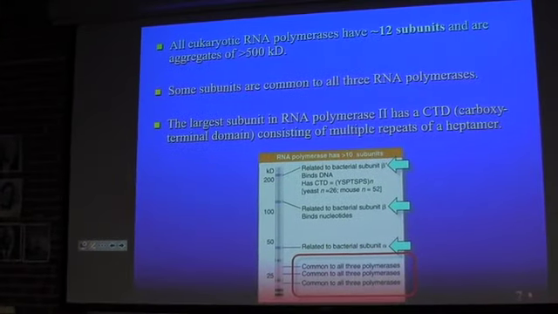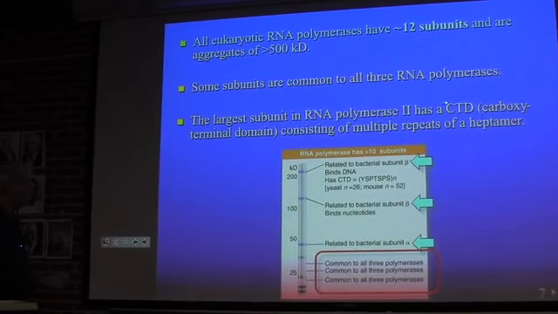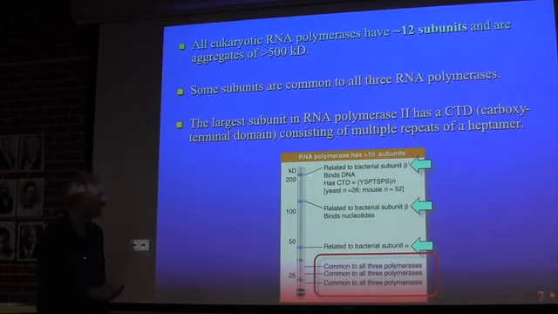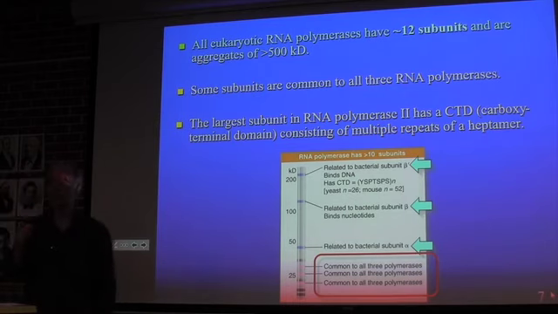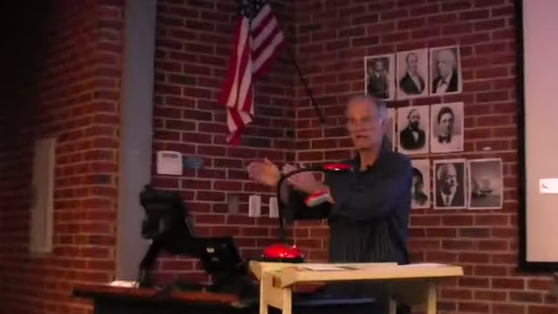Here's a feature of Pol II. We're on Pol II now, looking at subunit structure. The largest subunit, the one corresponding to beta prime, has an unusual feature, as I've mentioned before. Depending on the organism, it has 20 to 50 copies of 7 amino acids over and over in an unstructured C-terminal domain. As you may suspect, this is a signaling post.